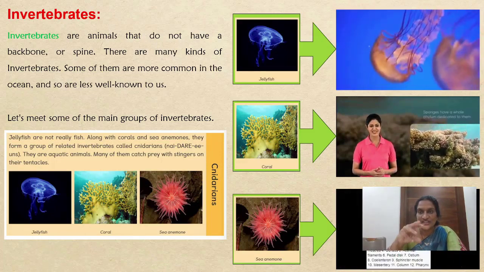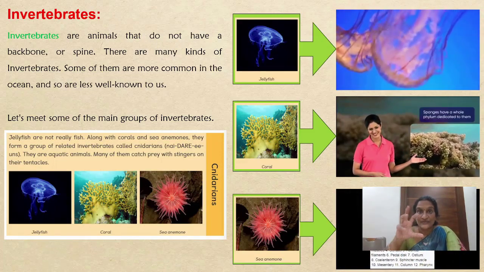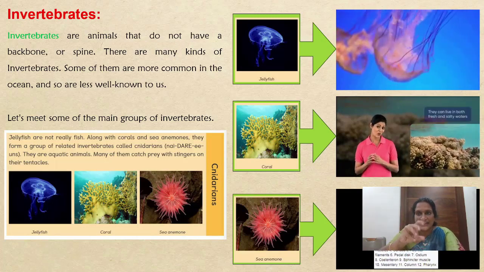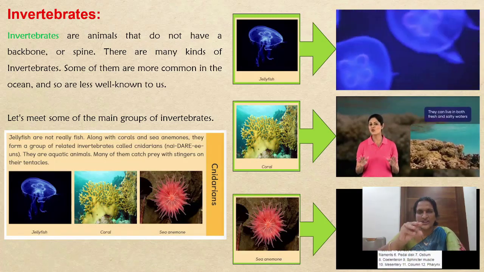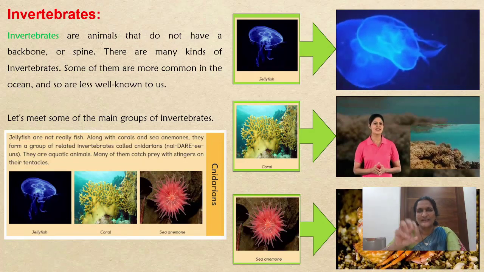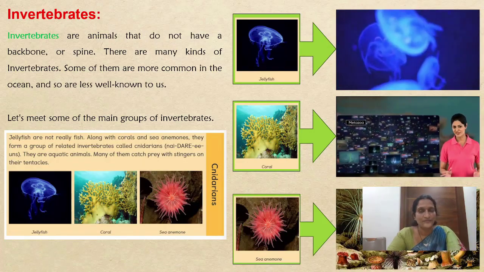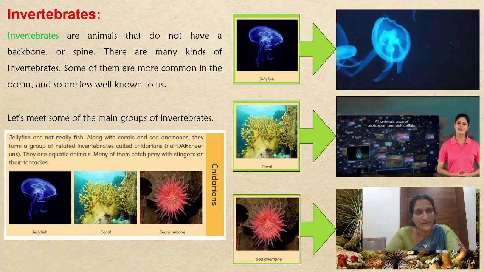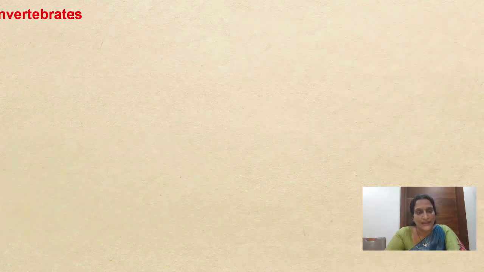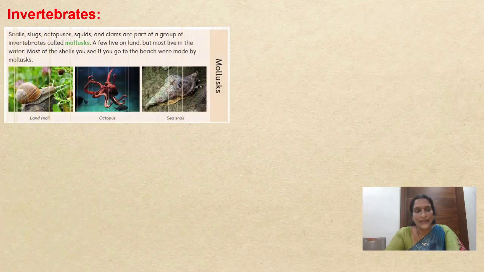There are stingers on these tentacles. They catch food with these tentacles. They eat small sea fishes. They catch that prey with the tentacles. Okay, children? What is the first group of invertebrates? Cnidarians. The second group is mollusks.